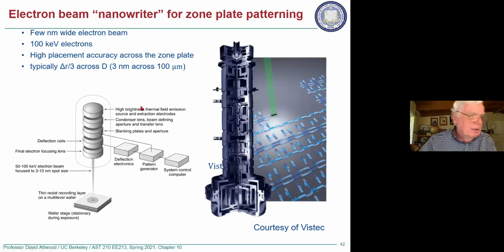And these zone plates are made with an E-beam, an electron beam, a very finely focused electron beam. The focal spot should be smaller than the outer zone width, delta R. We typically say by a factor of 3.